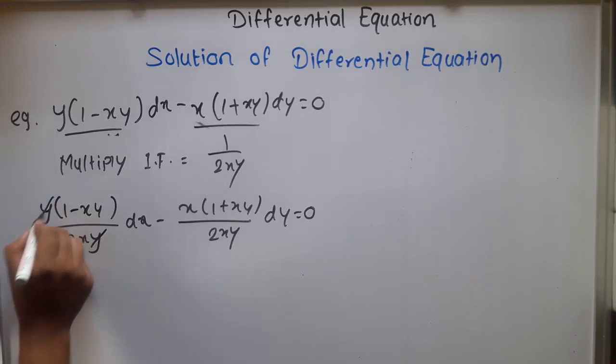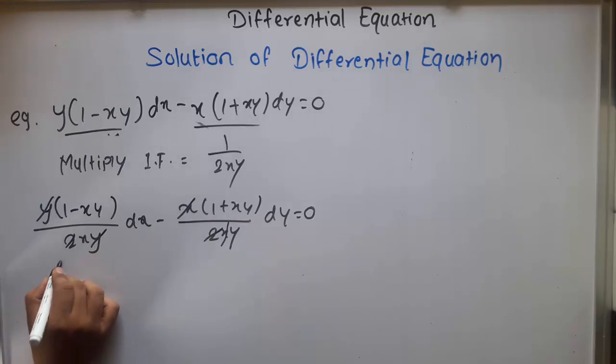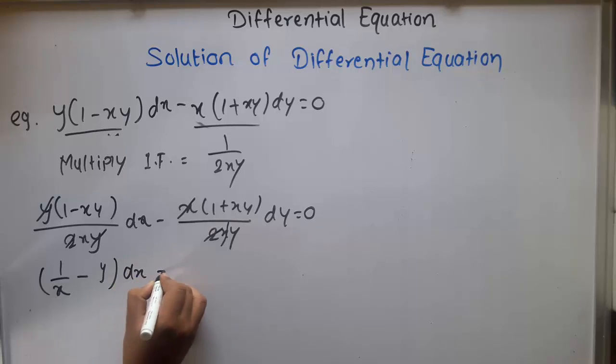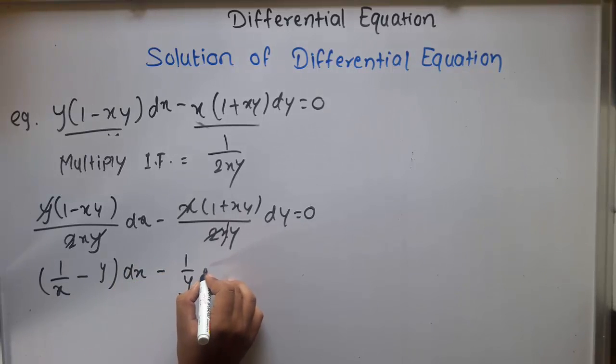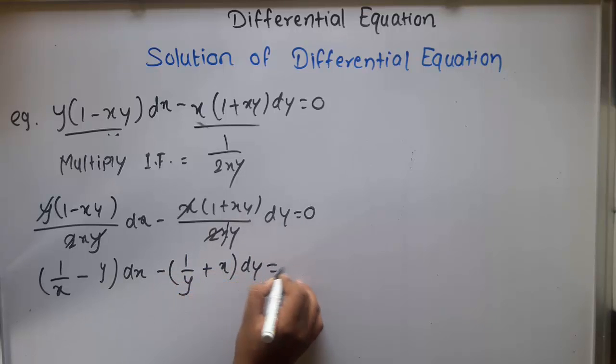Here y gets cancelled, here x gets cancelled, 2 gets cancelled. So the equation becomes (1 by x minus y) dx minus (1 by y plus x) dy equal to 0.